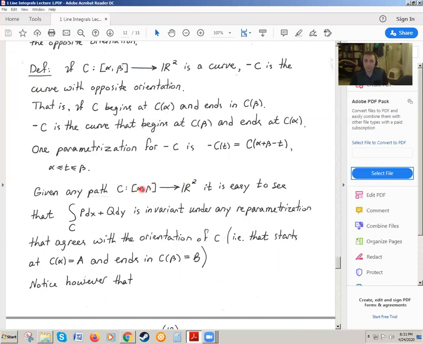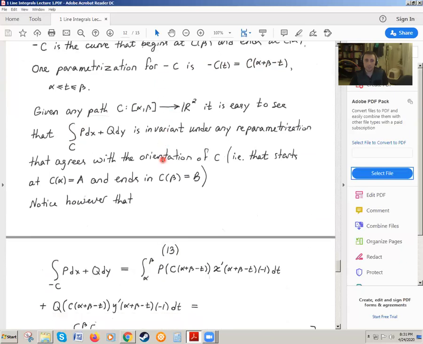If they're moving in the same direction, then the new line integral here is not affected. But if you change the direction, as you can see here, the integral over this changed direction will be affected. And here is why.